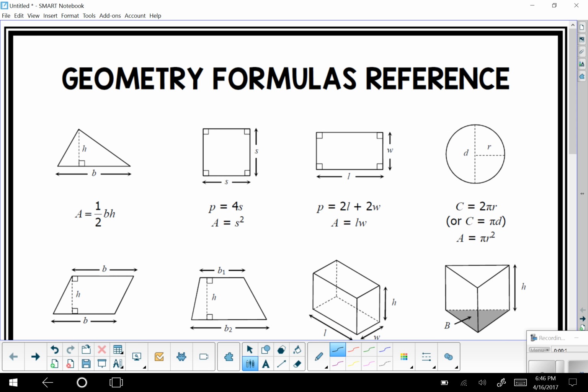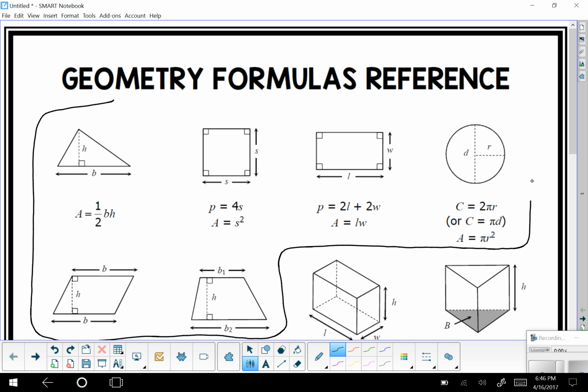All right, so for this section, you're only going to be using these formulas right here. I want you to be careful about using the S's.